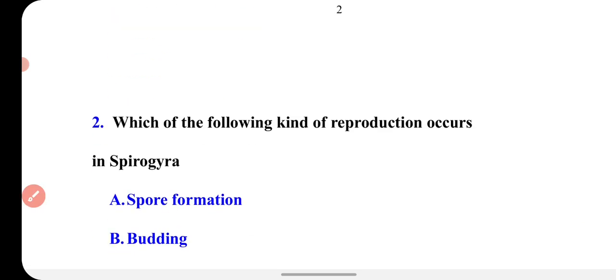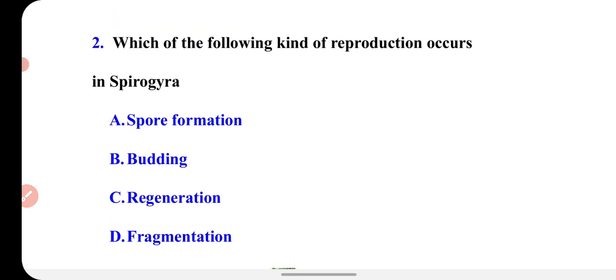Now the next question is: which of the following kinds of reproduction occurs in Spirogyra? The first option, spore formation; B, budding; C, regeneration; and D, fragmentation. So you have to tell which kind of reproduction occurs in the organism called Spirogyra.